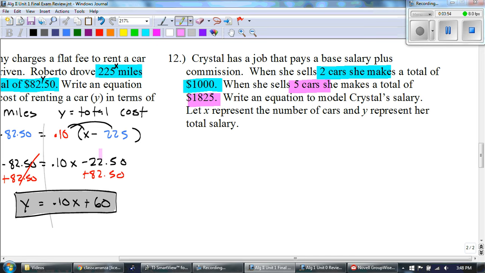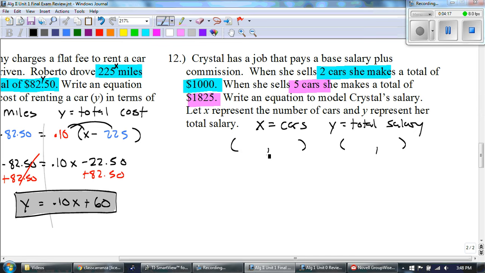Write an equation to model Crystal's salary. Let x equal the number of cars and y equal her total salary. So they gave me 4 numbers. When they give us 4 numbers, that means they gave us 2 points.